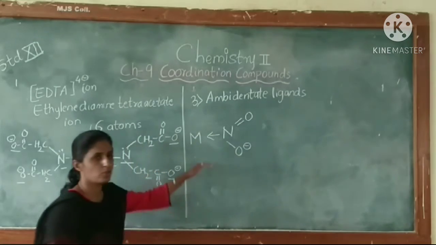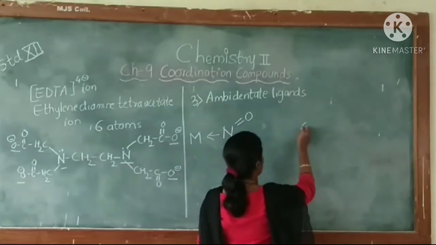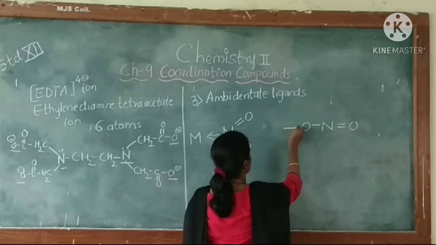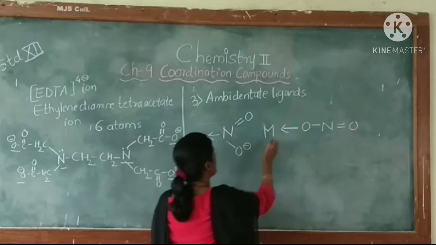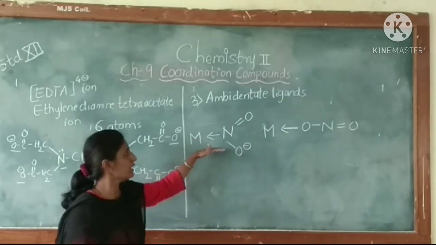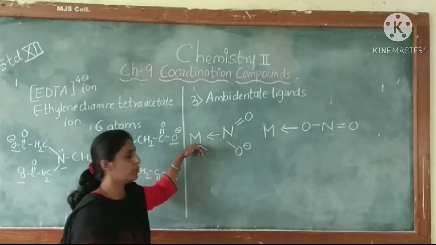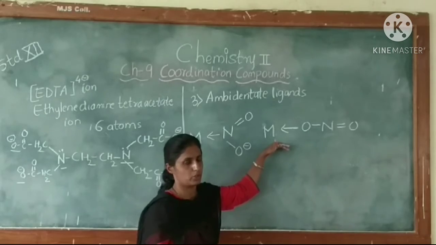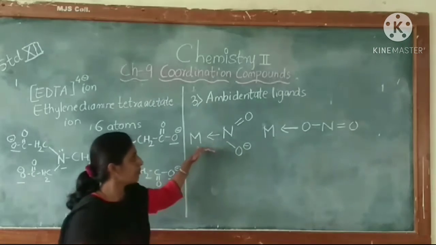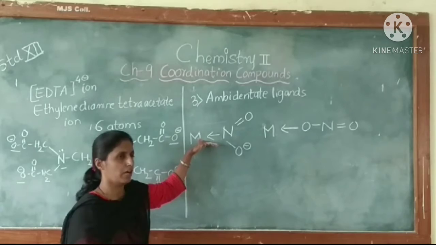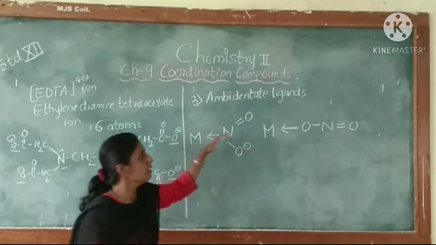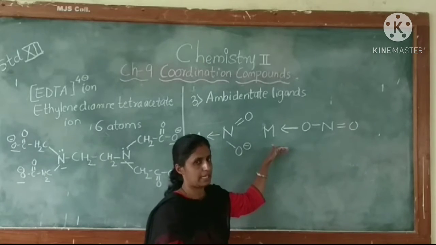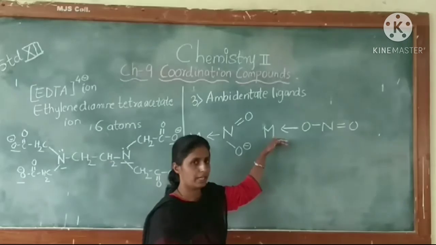Now this nitro group over here, the nitrogen can donate electrons to the metal, or oxygen can also donate electrons to the metal. So at a time, sometimes nitrogen is acting as the donor atom, and sometimes oxygen is acting as the donor atom.